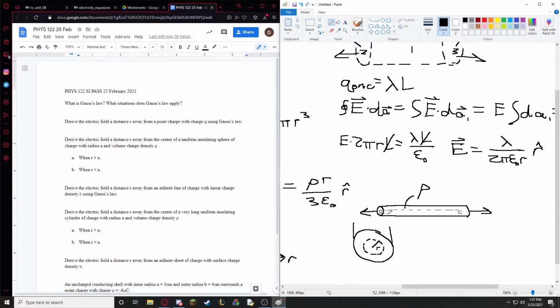Let's say we'll have a cylinder, once again, with length L, and it has a radius r. This is a little cross section of our cylinder going off. So what's going to be our total enclosed charge inside our Gaussian surface?